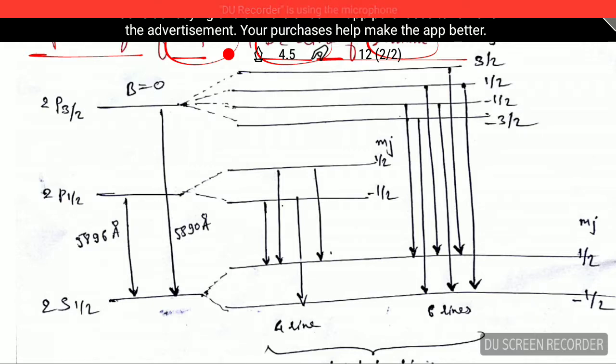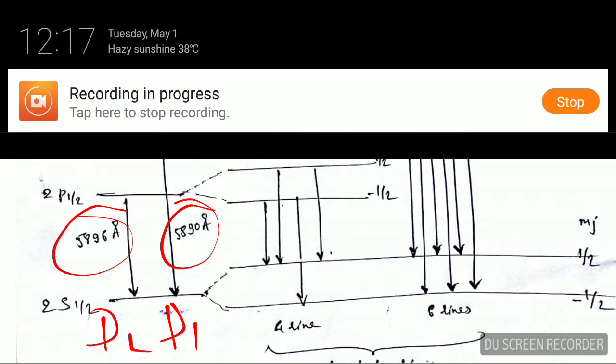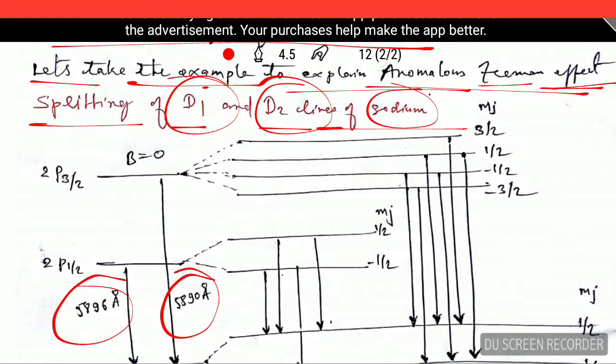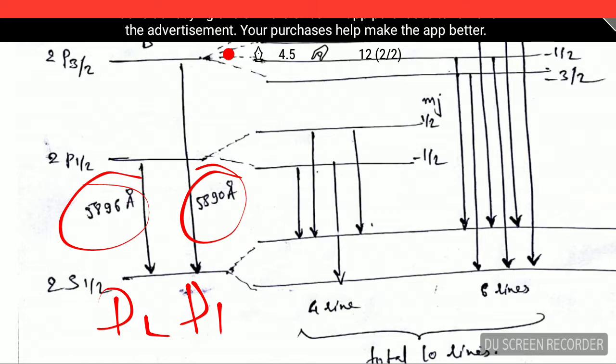This is the D1 line and that's the D2 line, and we will explain the splitting of these lines.